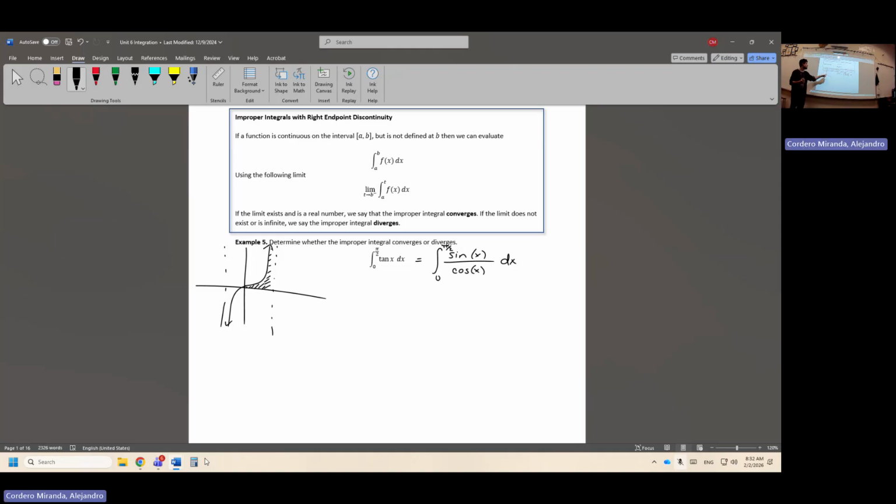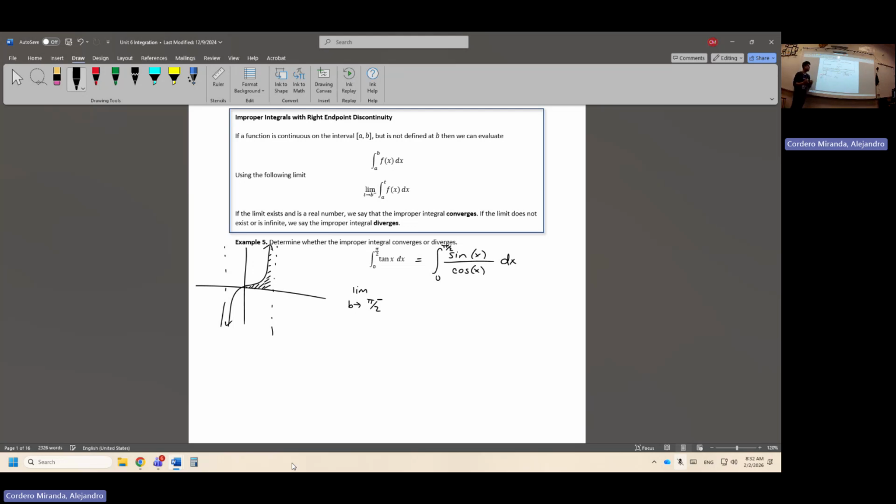So just like the last one, oh shoot, this is a vertical asymptote, so I have to take the limit as, sorry, as b goes to pi over 2. And that would be approaching from the left.